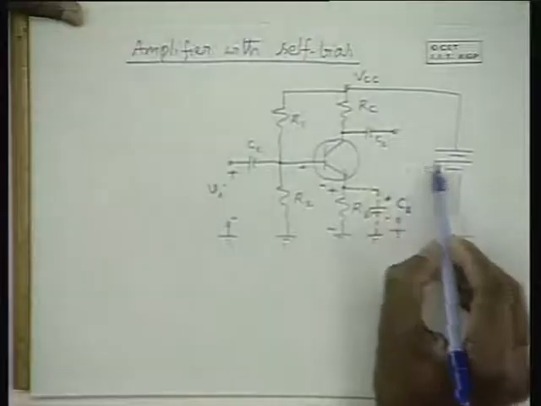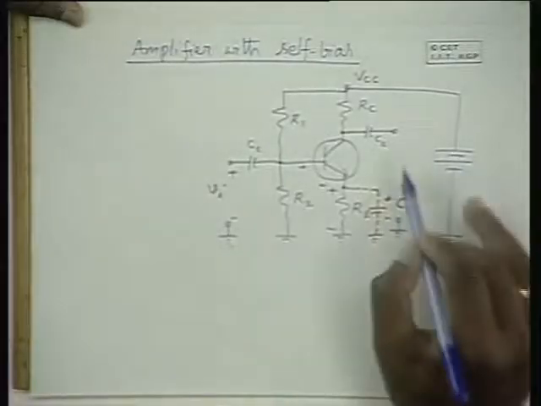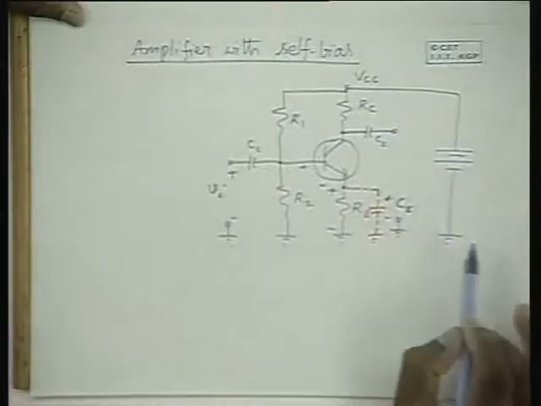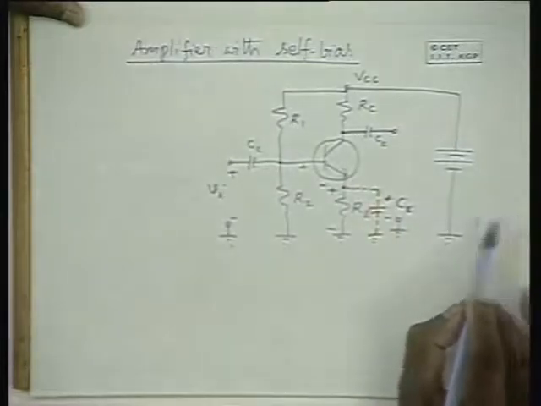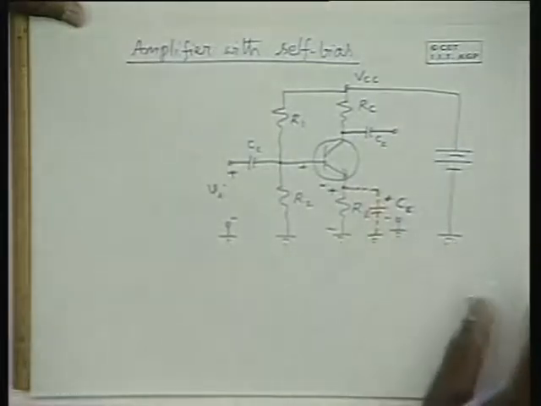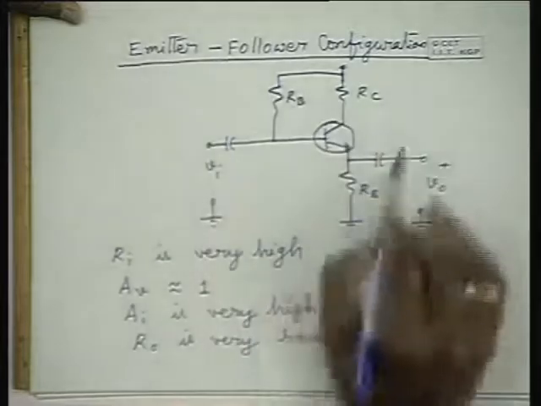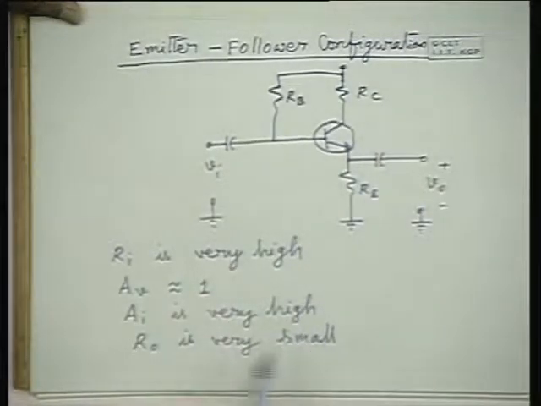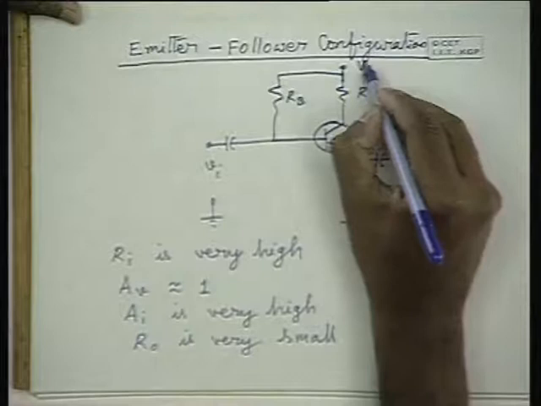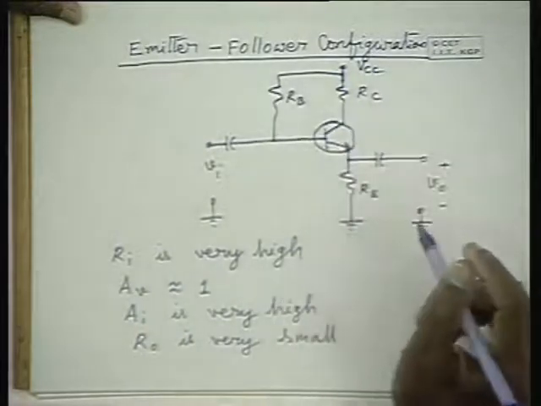So if you use this kind of a circuit there, it doesn't work. So in such cases, we include an emitter follower here, whose output impedance is low, and then connect a low impedance load to it. So an emitter follower circuit is used for this kind of applications, matching purposes.